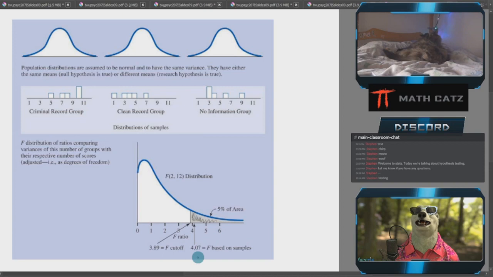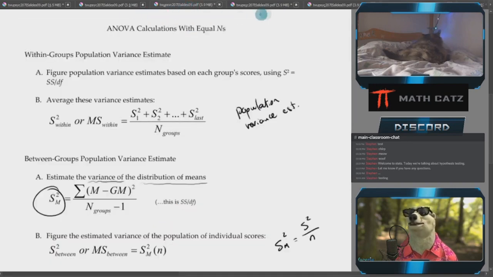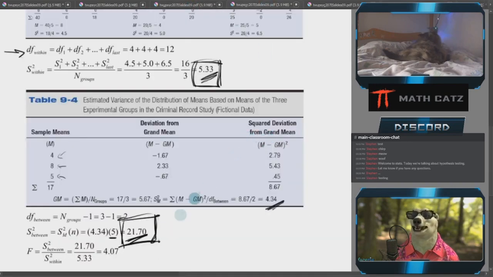The ratio is significantly high, meaning that this between estimate is significantly bigger than the within estimate, and by way of this ratio, that's how we make that decision.